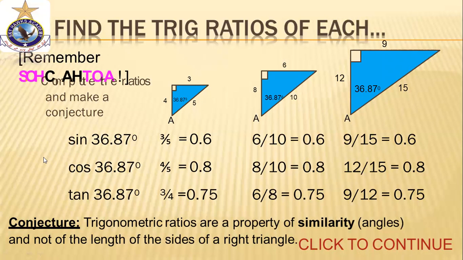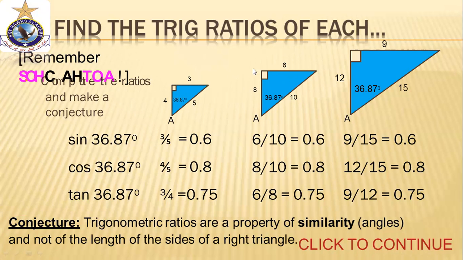Let me give you an example. By virtue of the numbers, we may have a wrong conception that if you have bigger values, the ratio will be greater. As we have seen, these sides are quite different from these.